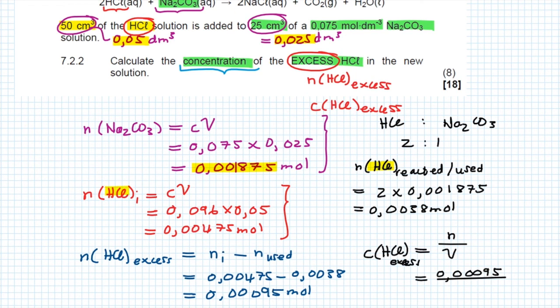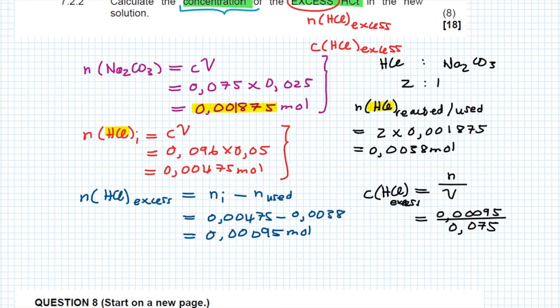The new volume here is therefore 0.075, where we have added these volumes together to obtain the new volume. In the end, the concentration that we obtain is going to be equal to 0.013 mole per decimeter to the negative 3, of course, and this is the final answer to this question.